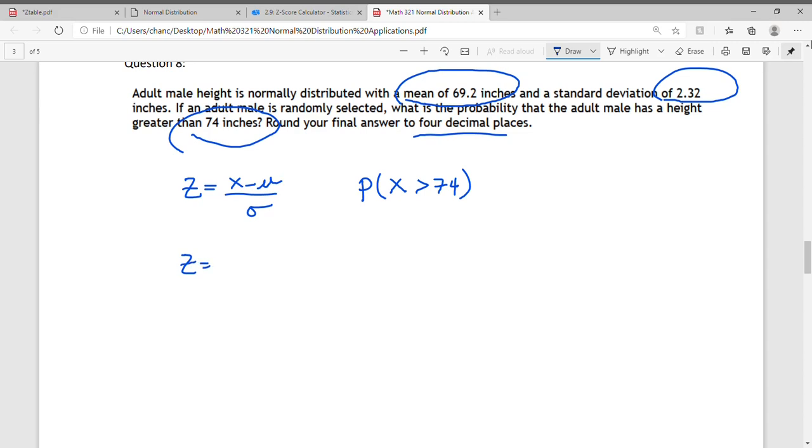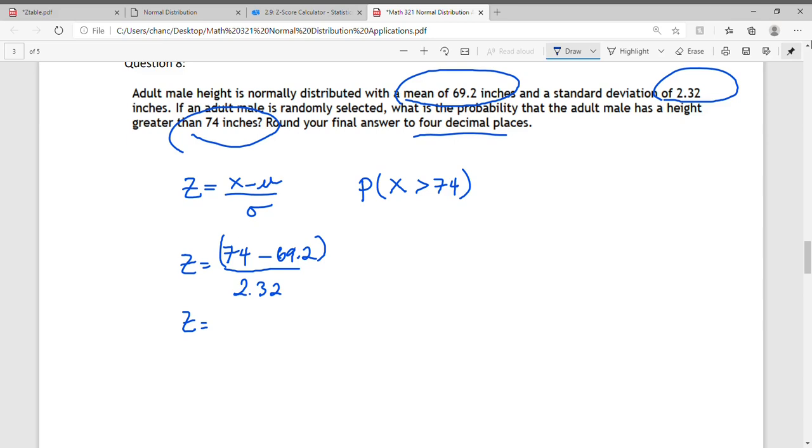Z equals x is 74, and the mean is 69.2. We'll divide that by the standard deviation, which is 2.32. Now let's calculate our z-score. And when you enter this in a calculator, just be careful. Make sure you put parentheses on the top so you can get the correct number.